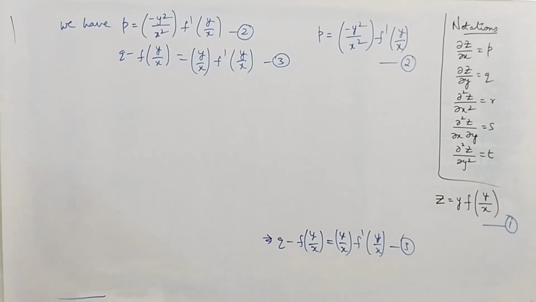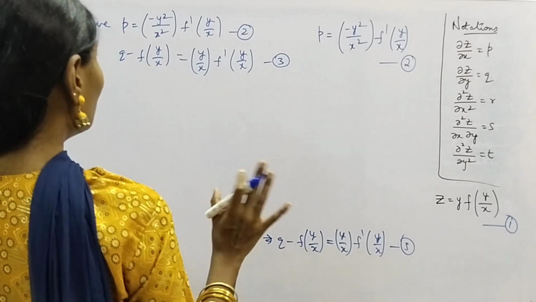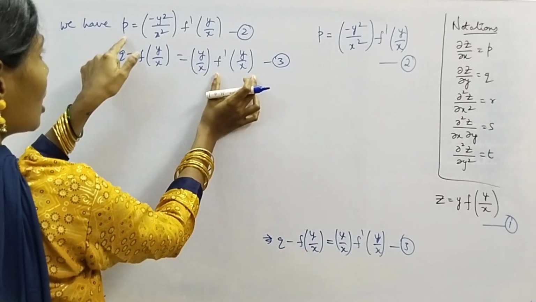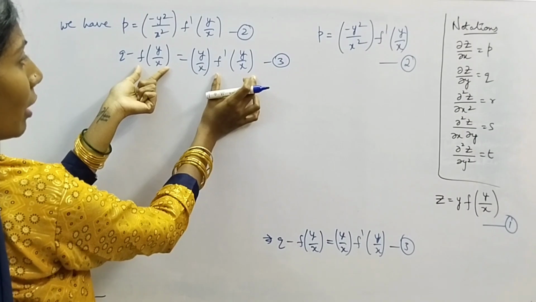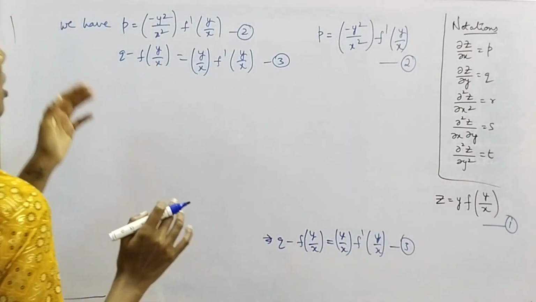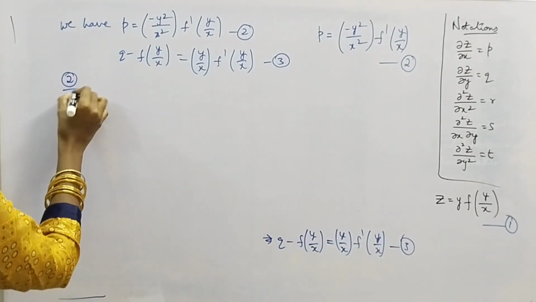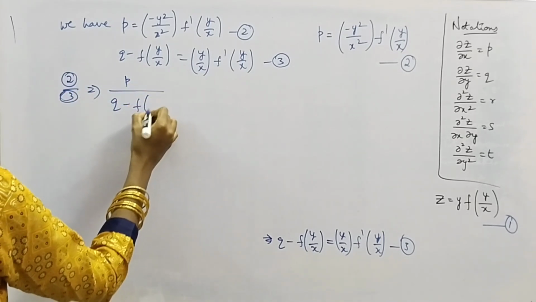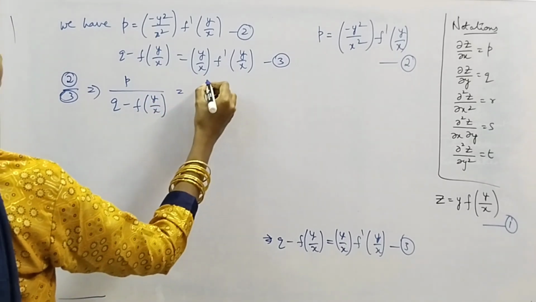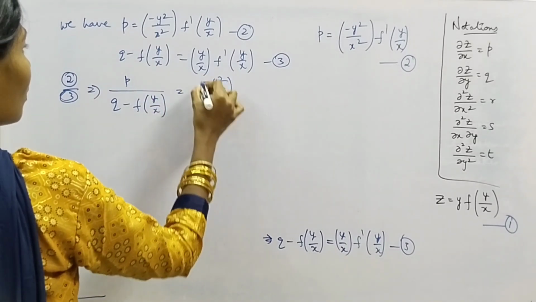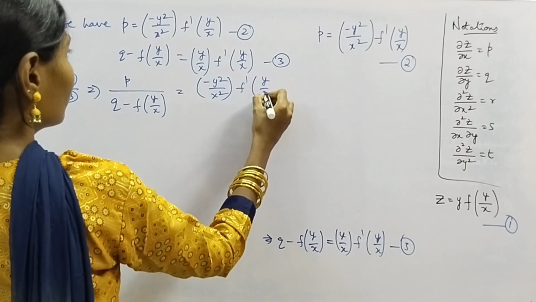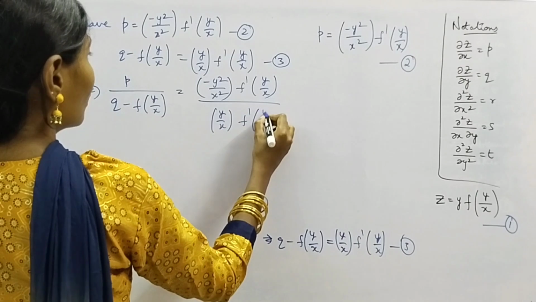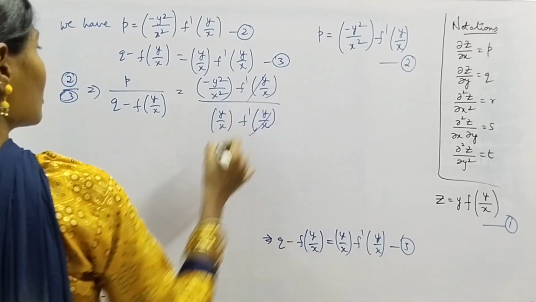Now see, either we can consider equation 3 and replace f dash of y by x using equation 2 and replace f of y by x using equation 1, or we can do 2 by 3. Then we'll get LHS of 2 by LHS of 3 equal to RHS of 2 by RHS of 3, where f dash of y by x gets cancelled.